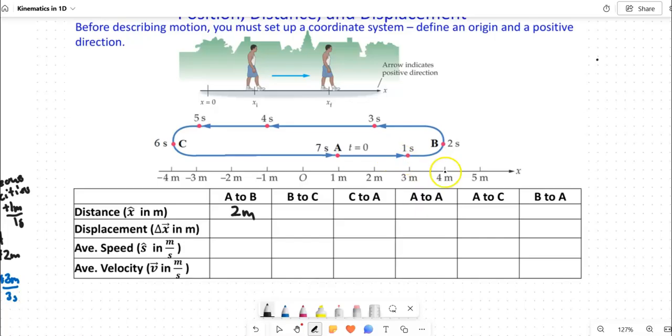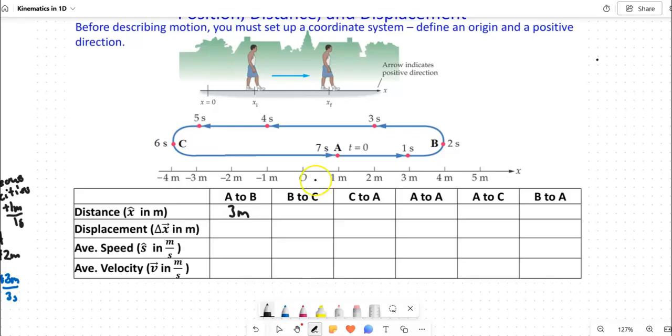Now your displacement, actually, hold it. Oh, no, I'm totally wrong here. You started out at the 1 meter mark and you went 1, 2, 3 meters. There we go. So this is a total distance of 3 meters. Okay. Now your displacement is going to be positive 4 meters minus a positive 1 meter.